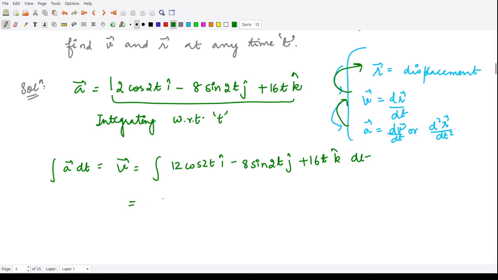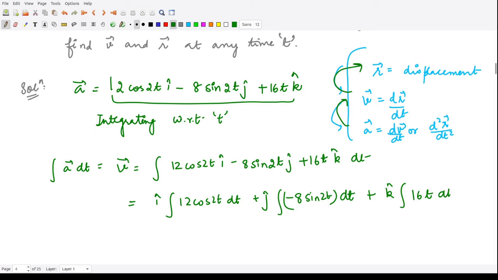Here you could separate out the components. The component for i cap is the integration of 12 cos 2t dt, the component for j cap is minus 8 sin 2t dt, and the component for k cap is 16t dt.